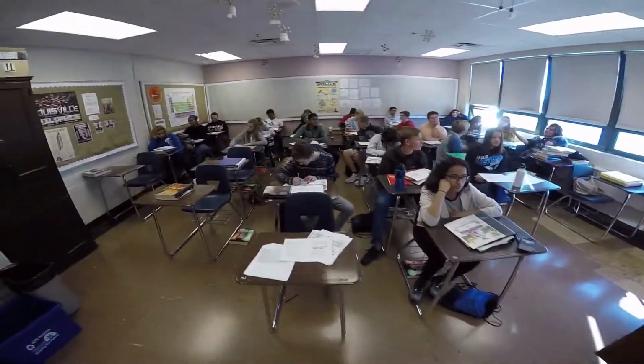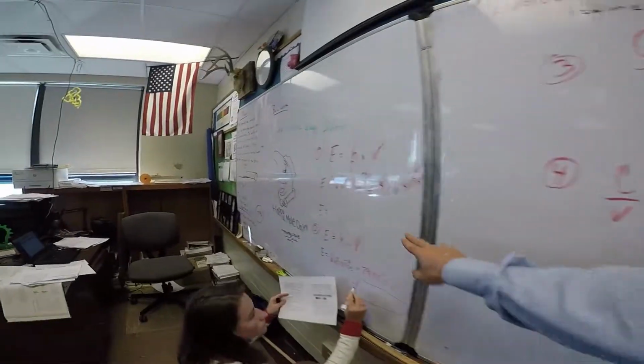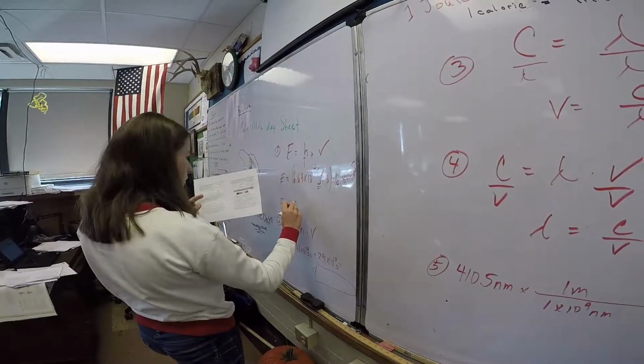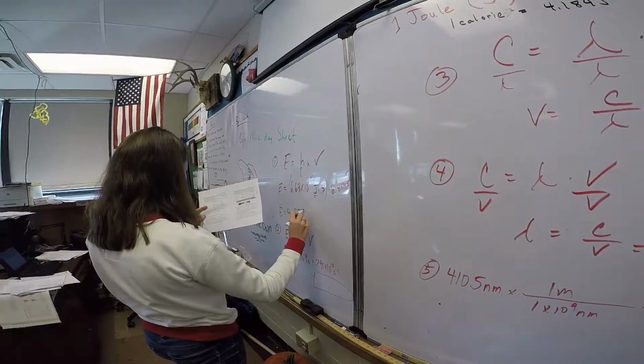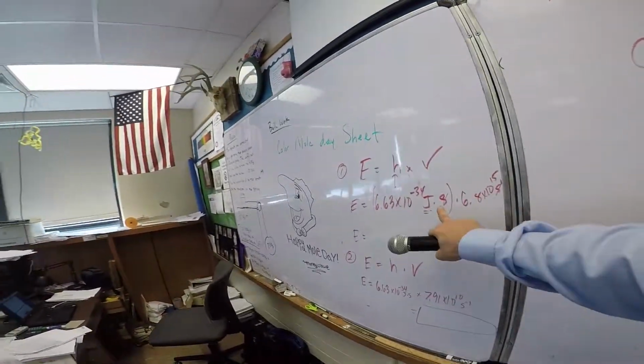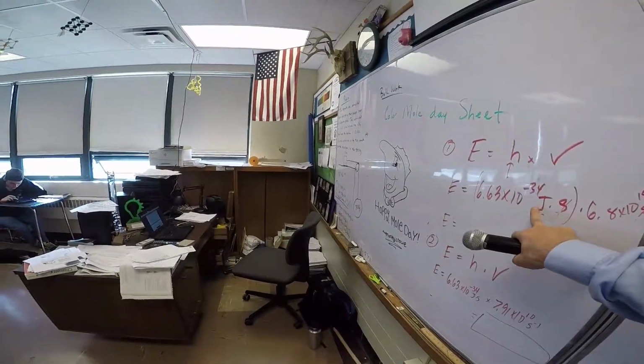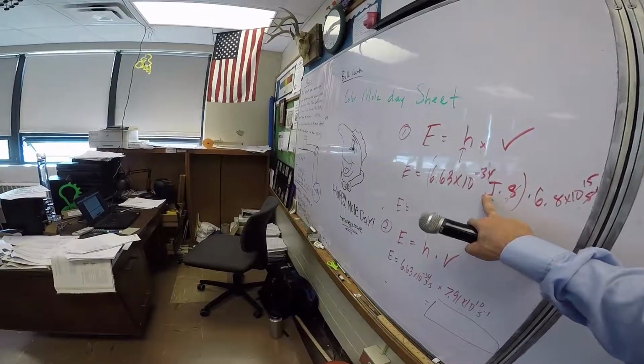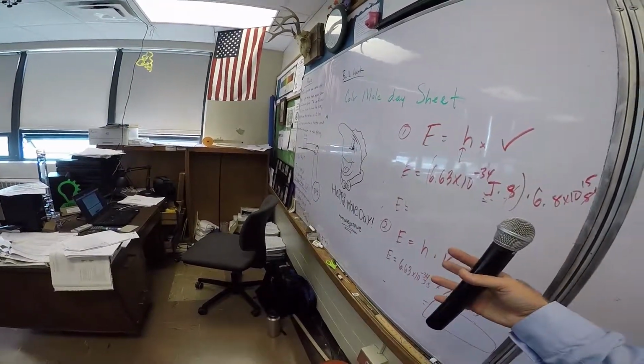Planck's constant. Right here. That's number 1. Associated with time is seconds. So you see right here, in seconds. So this energy is associated with the amount of energy that photons can have in a second. That's why it's important.